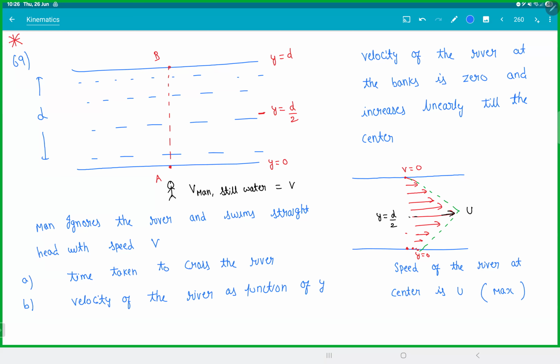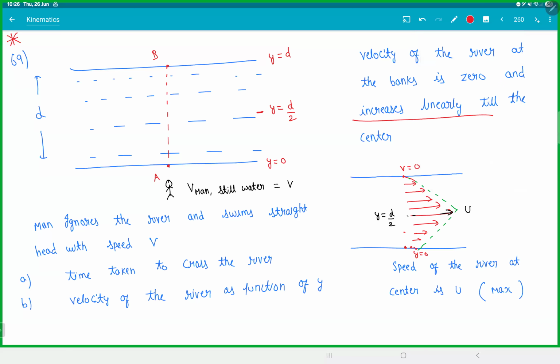So at the corner it is 0, at the center it is u, and it is said it increases linearly, meaning the function will look like y is equal to mx plus c.